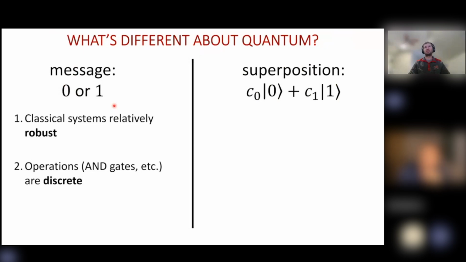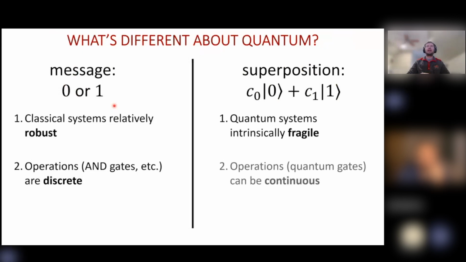In quantum, we're storing superpositions. So now the message of the alphabet, or the message that we're sending, gets upgraded to a cat 0, cat 1 here, and we're storing superpositions between the two. Unfortunately, we have to deal with much more noise, and our operations now, because we're dealing with superpositions, are continuous rotations that change these coefficients, rotate them into one another, or change their relative phase via a continuous action of the unitary group.